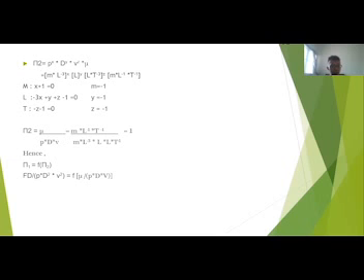So for pi 2, we will use the same thing, which is viscosity divided by rho times D times V, as x, y and z are negative 1, negative 1, negative 1. So it will be rho to the power of 1, D to the power of 1, V to the power of 1.